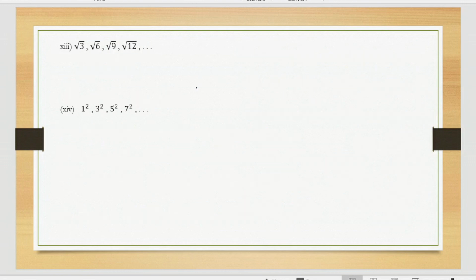So let us see the next question. It is root 3, root 6, root 9 and root 12. Now let us find the common difference and see if it is an AP or not. So the common difference D is equal to root 6 minus root 3.